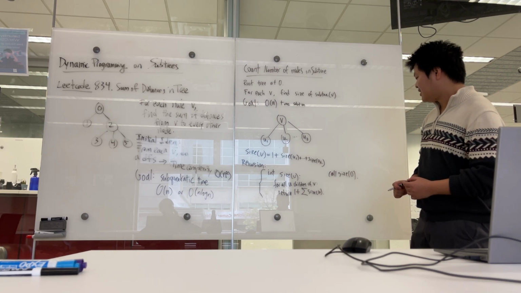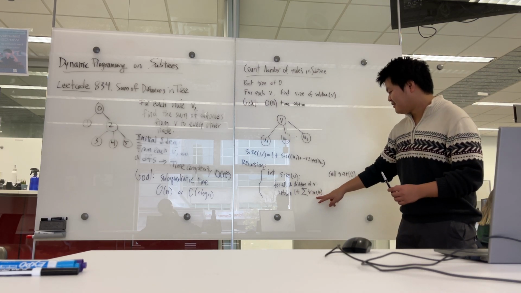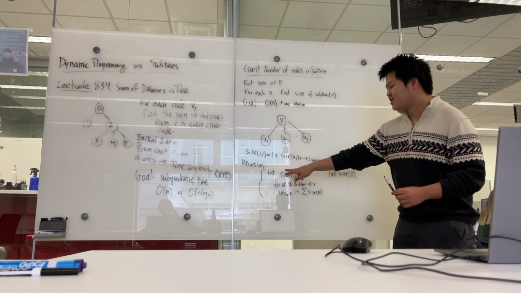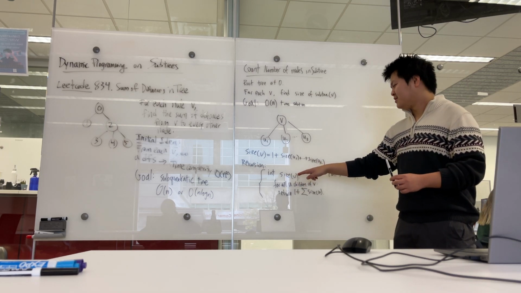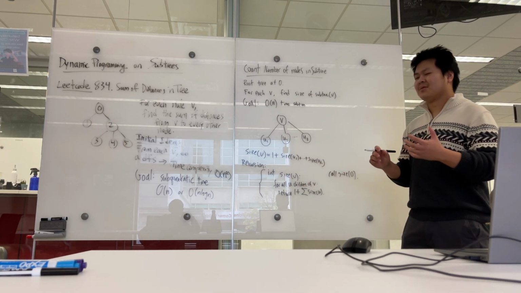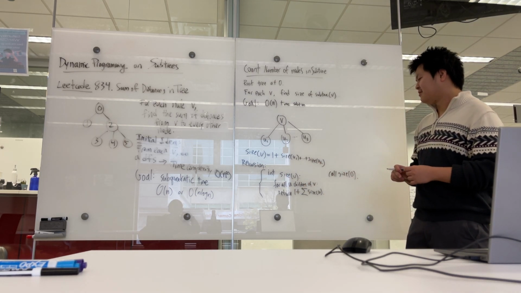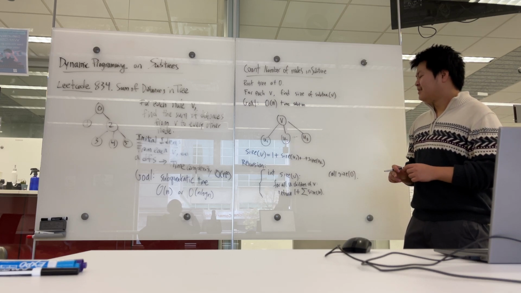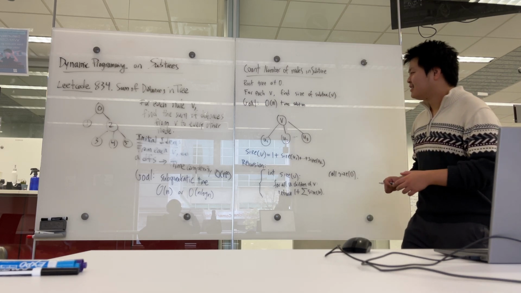I should say that this size of U is just a function call to size. We're not storing anything here. There isn't an array.